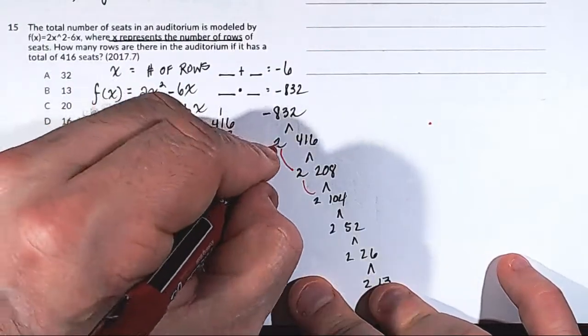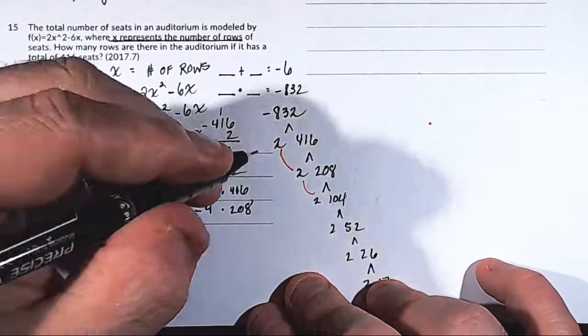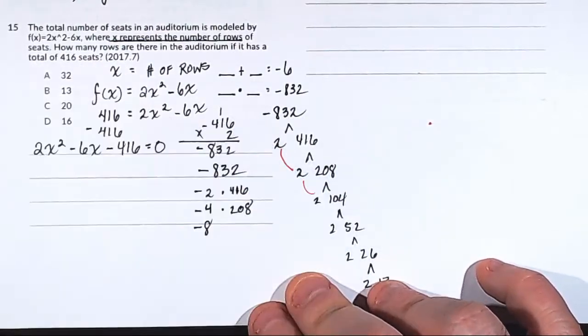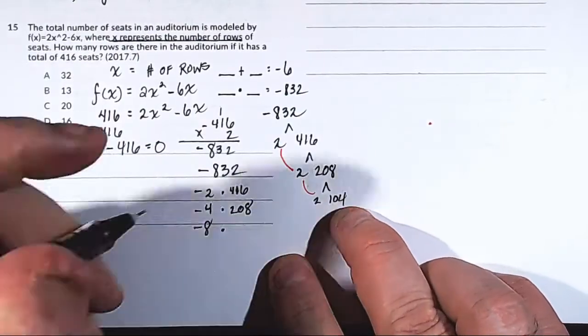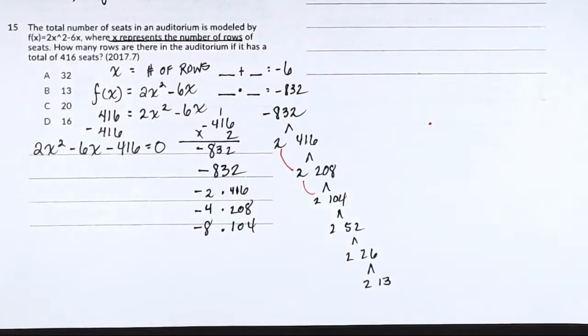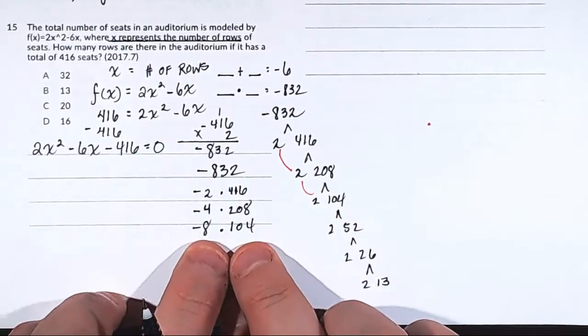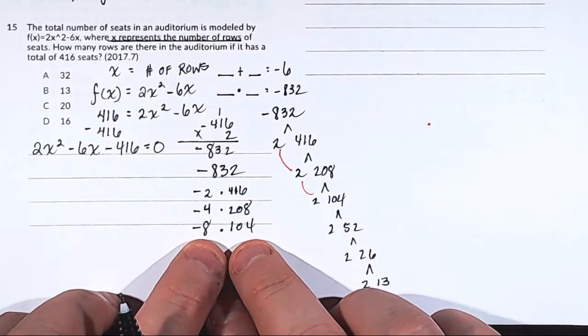Now it's 2 times 2 times 2. That's 8. So write down negative 8 times whatever's next to that last 2, 104. Okay, we're getting closer, but again, we're not getting anywhere closer to having the sum. Negative 8 plus 104 is 96.